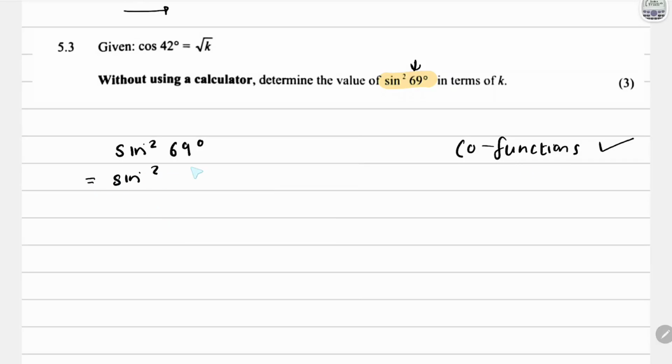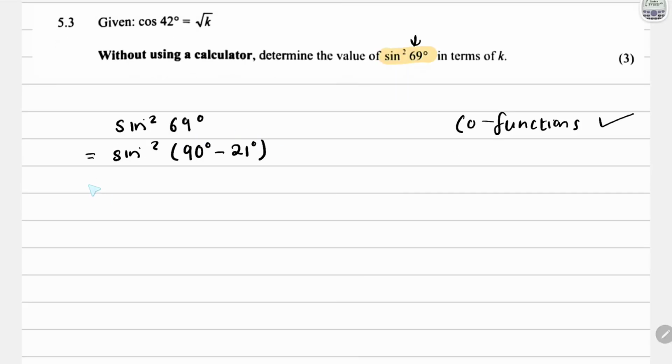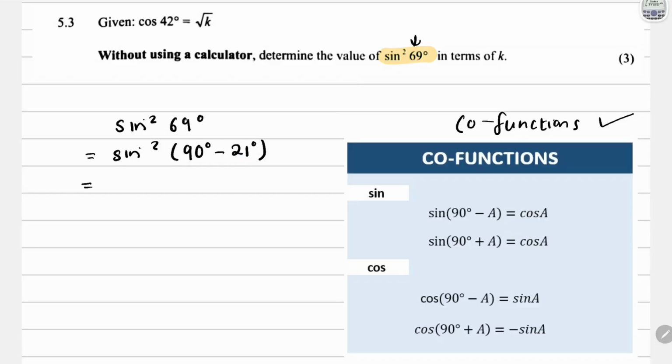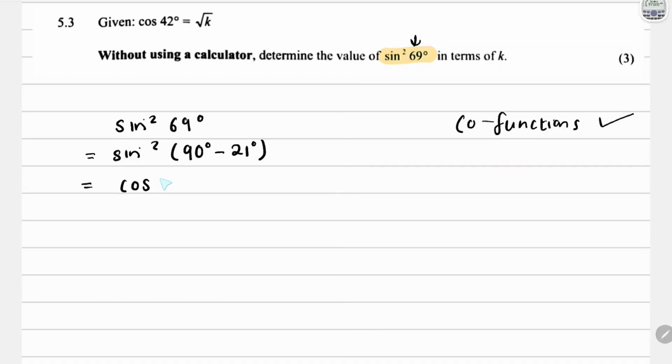So we're going to say sine squared of 90 degrees minus what gives you 69 degrees. If you say 90 degrees minus 21 degrees, then you can apply the cofunctions to this. Since sine of 90 minus a is equal to positive cos a, this is equal to cos squared of 21 degrees.